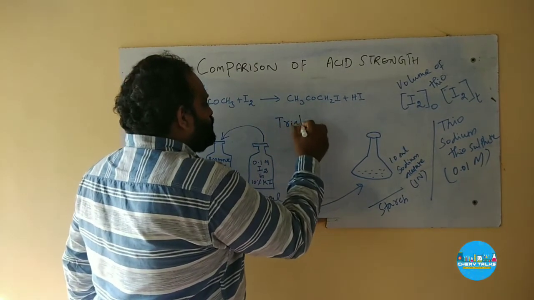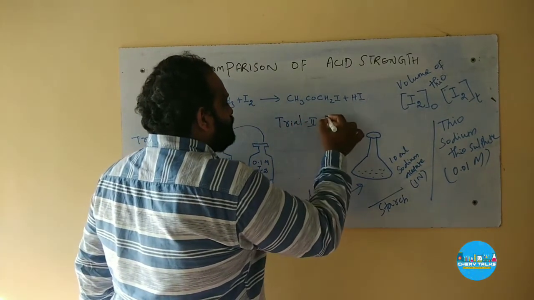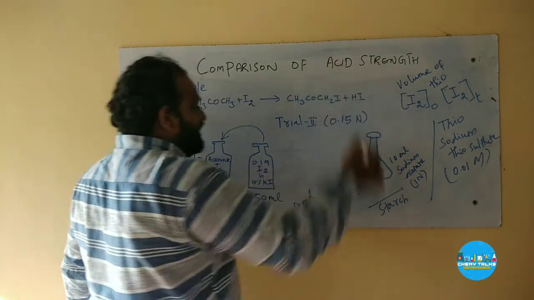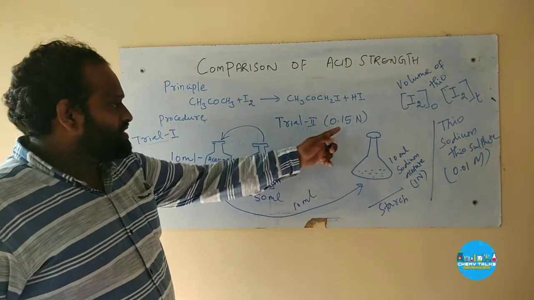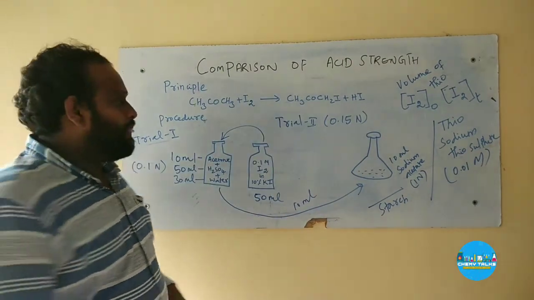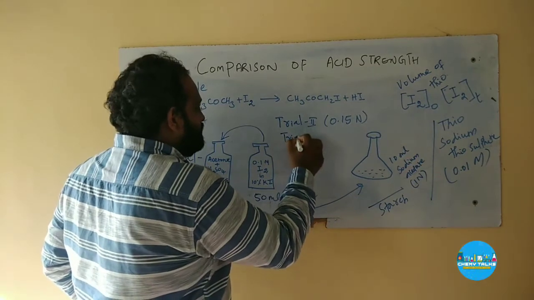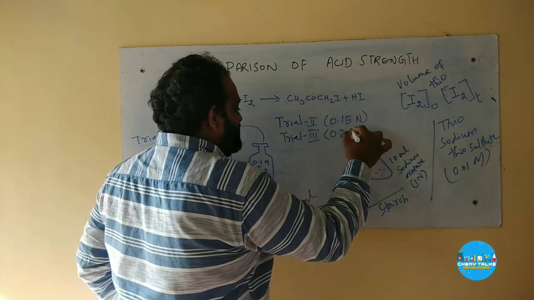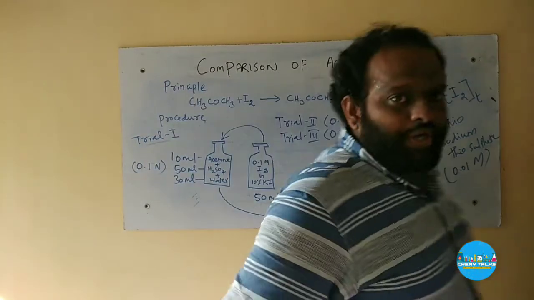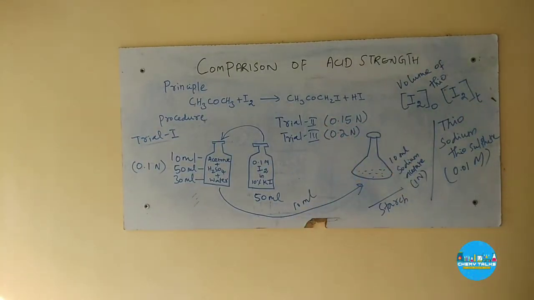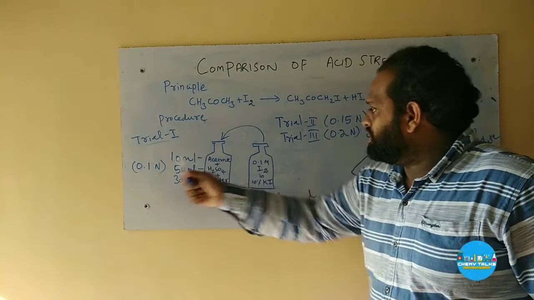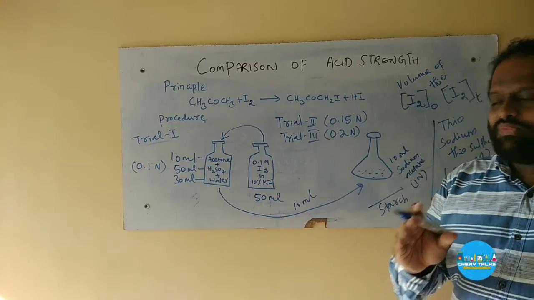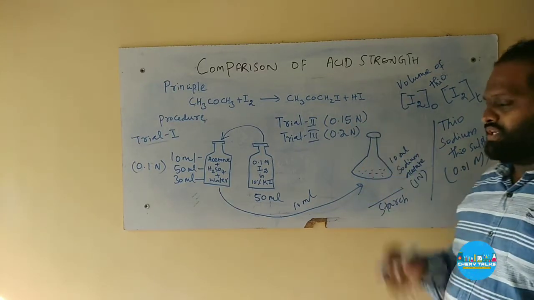In trial 2, we are using sulfuric acid of concentration 0.15 N, and in trial 3, 0.2 N. By varying the concentration of the catalyst, there will be a change in the rate constant.